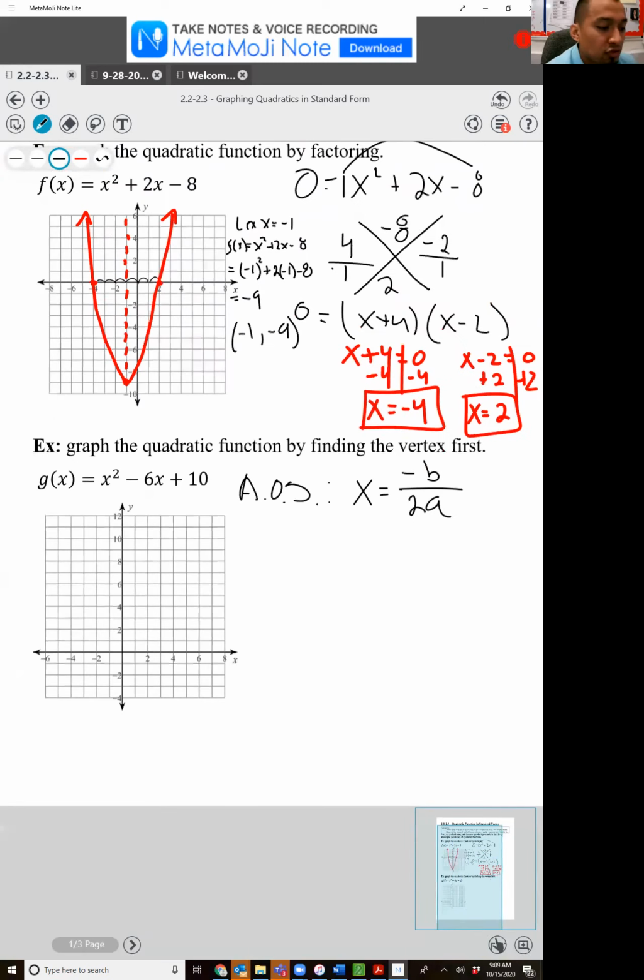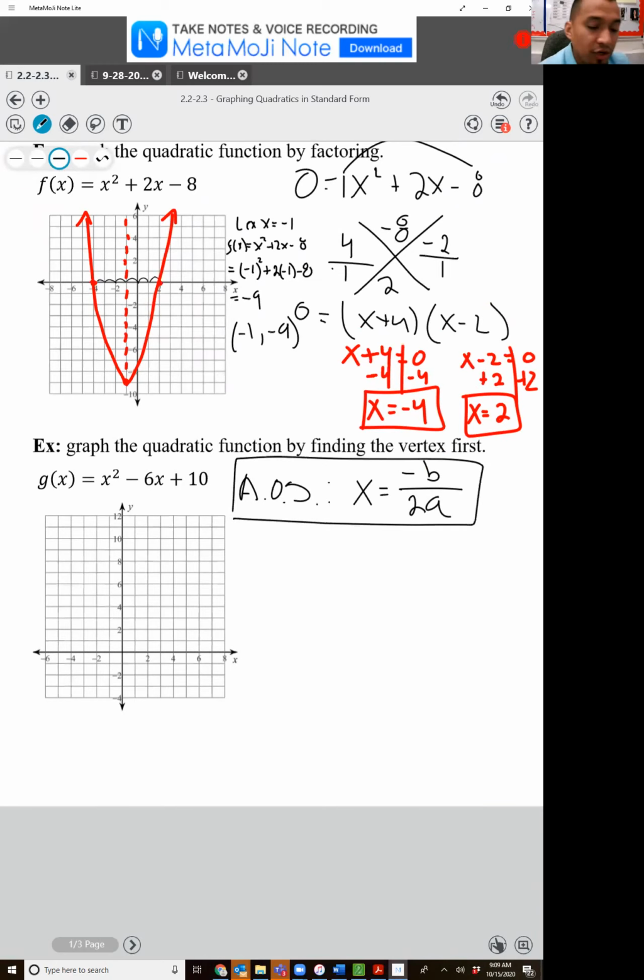We're going to use that formula to find my axis of symmetry, which will eventually help me find my vertex, which is the most important point we need. All right, so let's go ahead and do that.